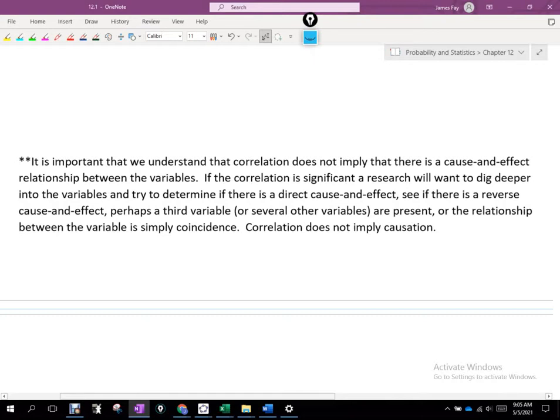Okay. Most likely, probably not. Or perhaps a third variable or several other variables are present, and those relationships maybe need to be analyzed. Okay. But the correlation between two variables can be complete coincidence. Does that make sense? Okay.